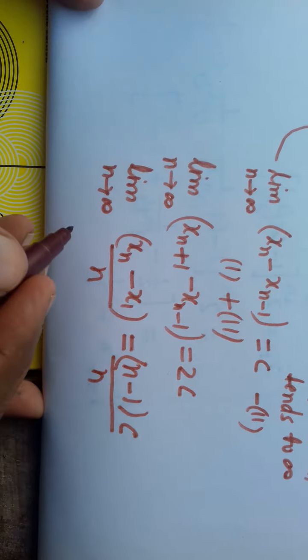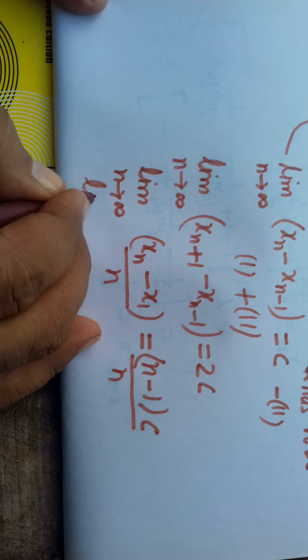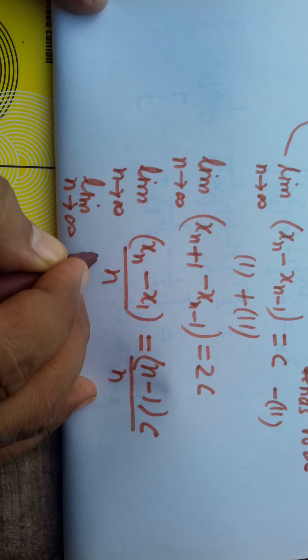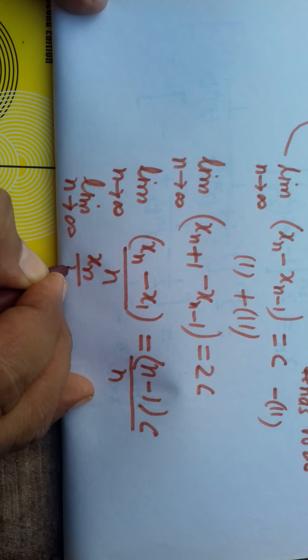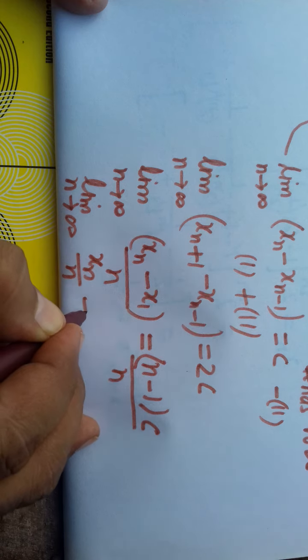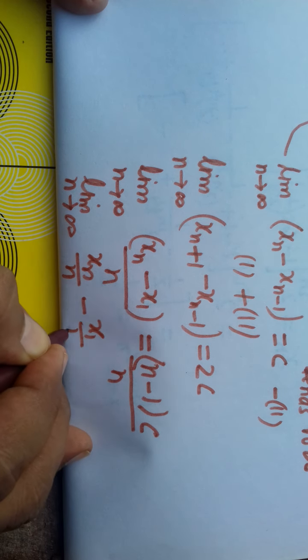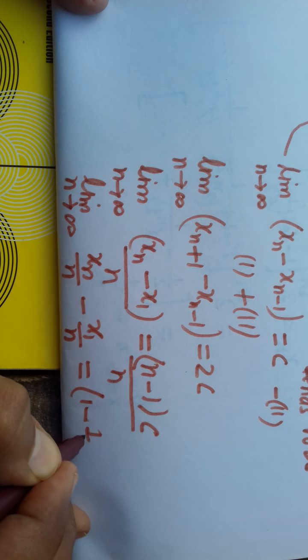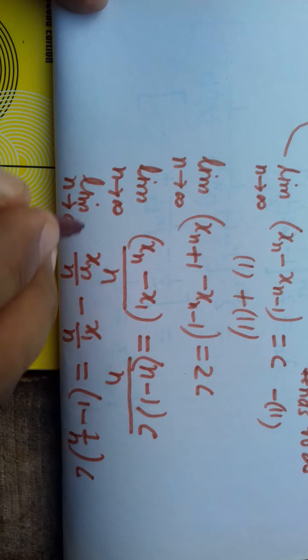Then this will be lim n tends to infinity x_n by n minus x_1 by n, and this will be (1 − 1/n)c.